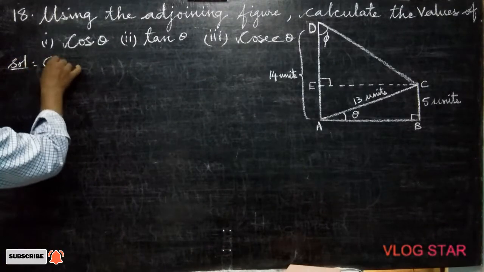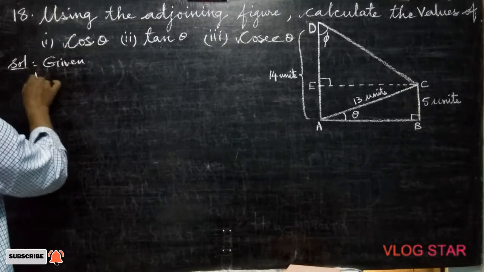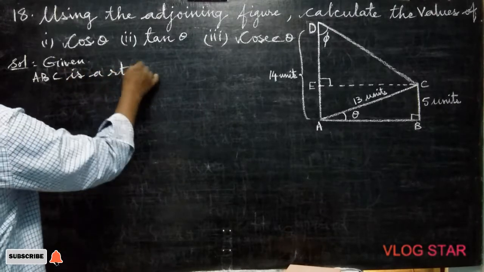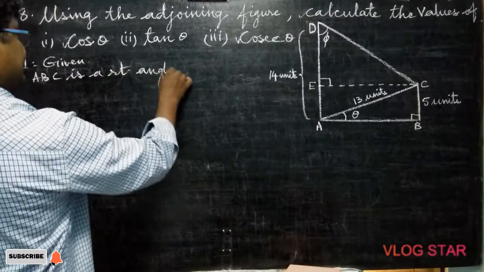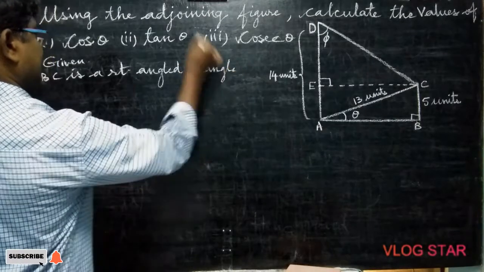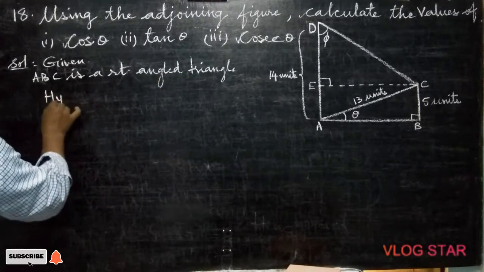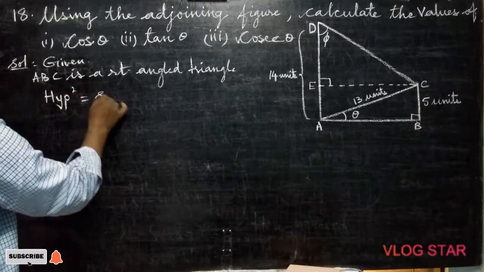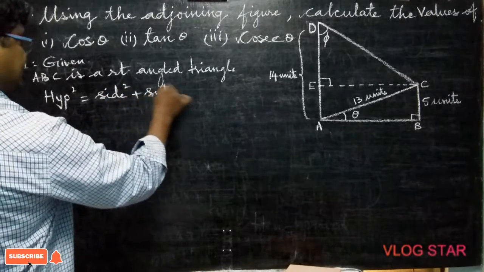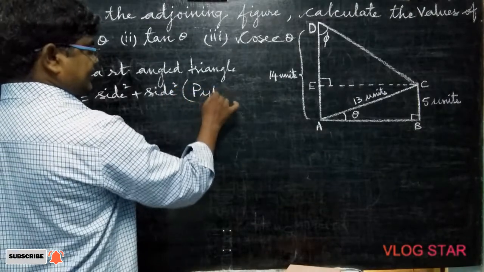Solution given. ABC is a right angled triangle. So when you hear the word right angle triangle, hypotenuse square is equal to side square plus side square, in bracket, this is Pythagoras theorem.